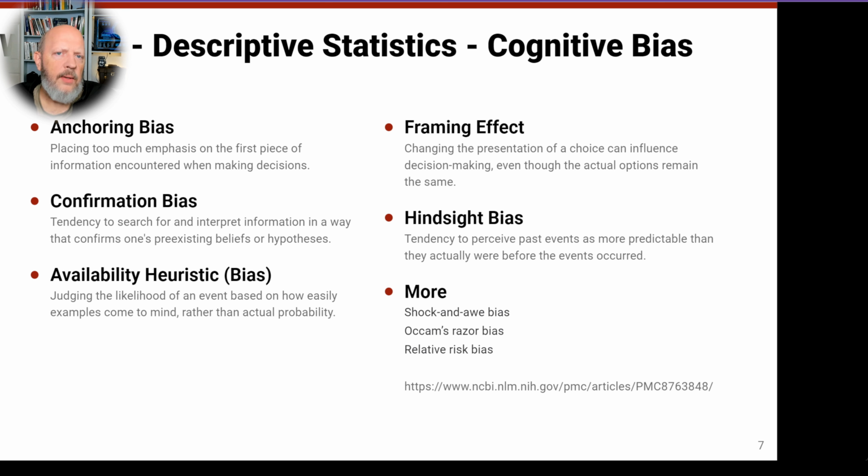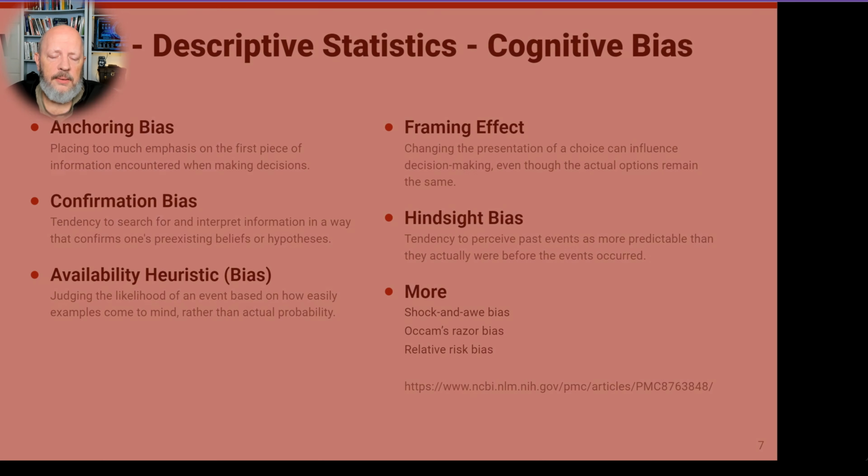There are a lot of other ones, and there's a great little chart about different cognitive biases. As we go through college, as we go through life, it's important for us as adults, as data people, to understand that we have cognitive biases in data and Excel and everything that we do. Stats helps us maybe mitigate these if we can.